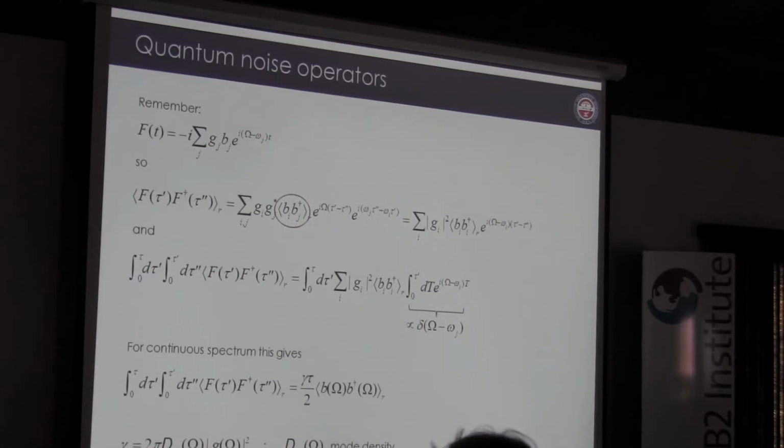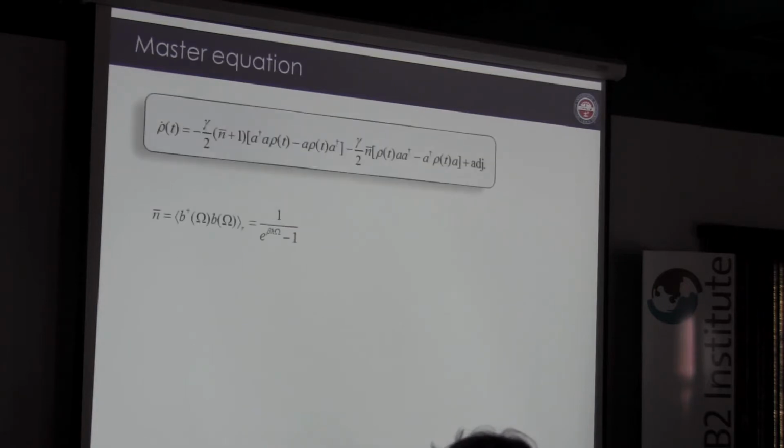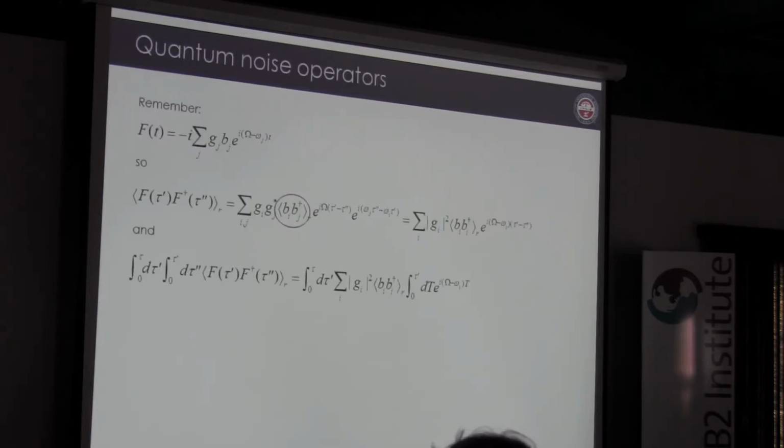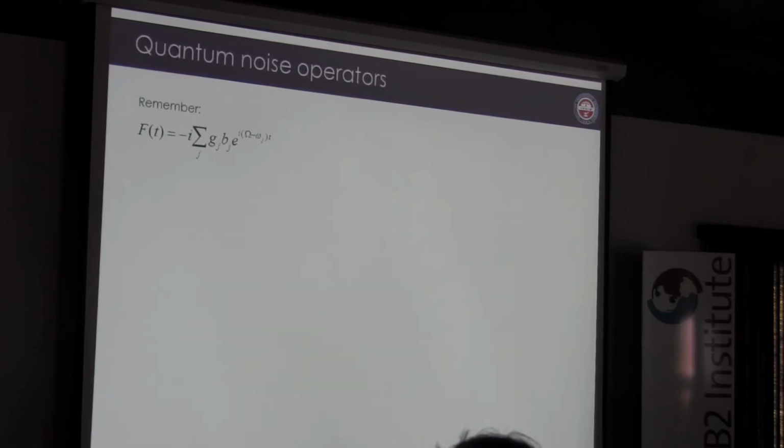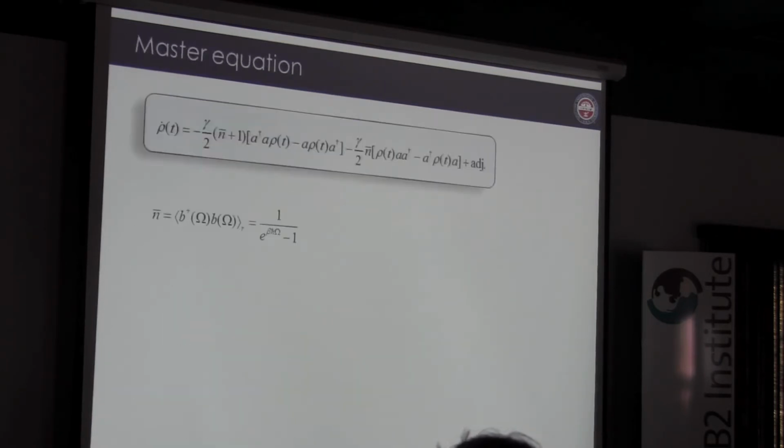So finally, we substitute all this back into this equation here, and it simplifies dramatically down to this master equation, where we make the assumption, again, that the reservoir is in thermal equilibrium, so we have Bose-Einstein occupancy, because the reservoir is a bunch of harmonic oscillators.